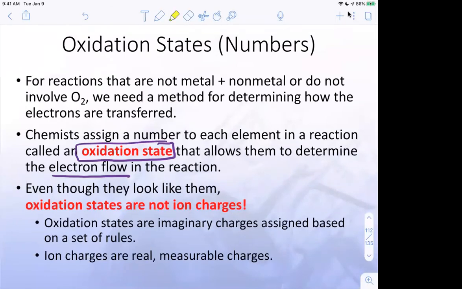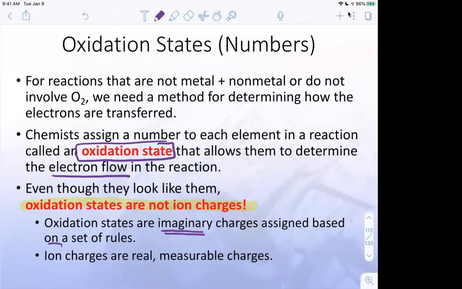Now, you're going to notice that a lot of these oxidation states look like ion charges, but they are not ion charges. Oxidation states are basically imaginary, and they're assigned based on a set of rules which allows us to use a bookkeeping method to figure out where electrons are originating and ending up, which allows me to track the reduction and oxidation processes if there is one.